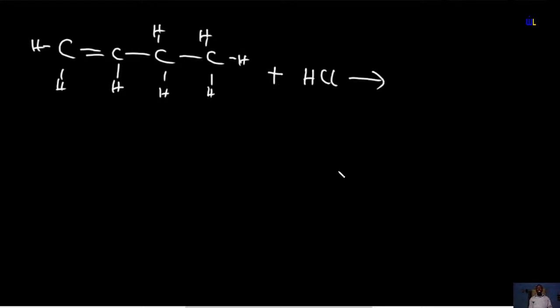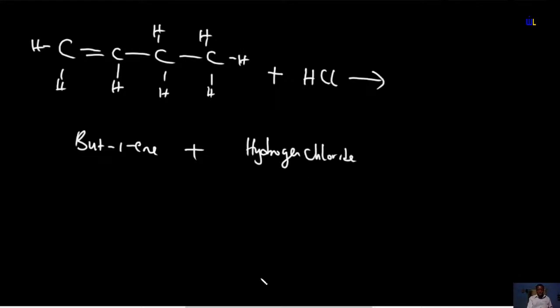Can you give me the name of the major product? Just the name, you don't have to show me the structure. What is the name of the major product when this but-1-ene is reacting with hydrogen chloride? Quickly do that. I'm expecting your answer.